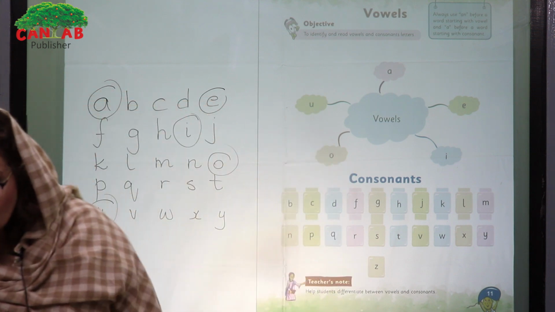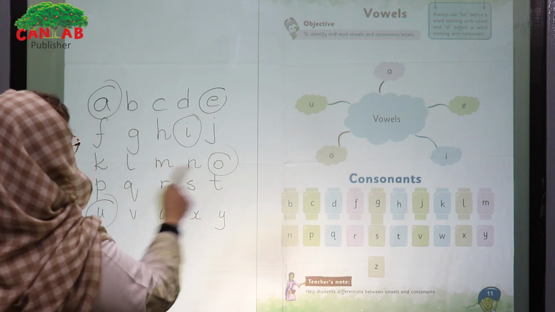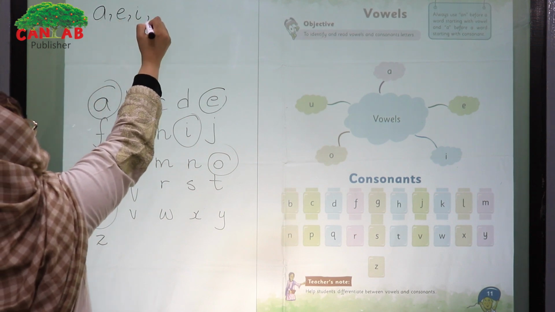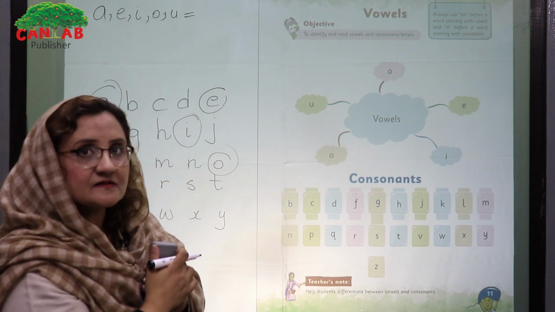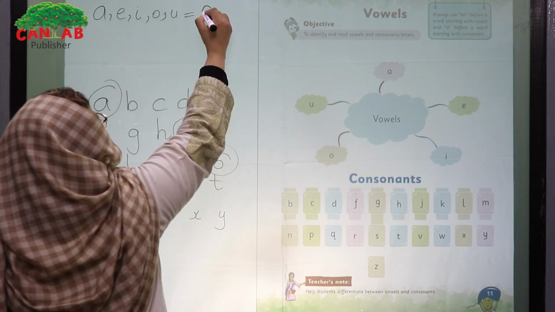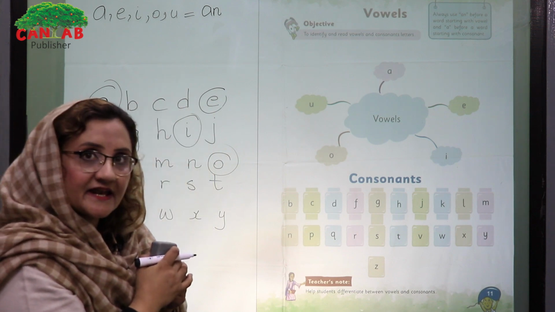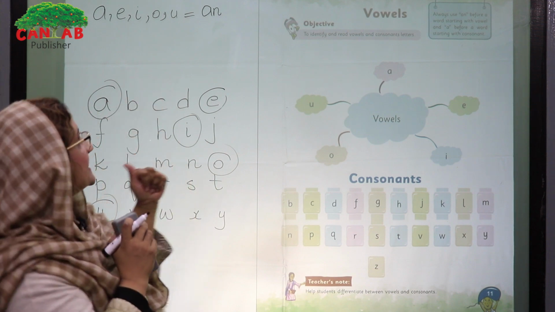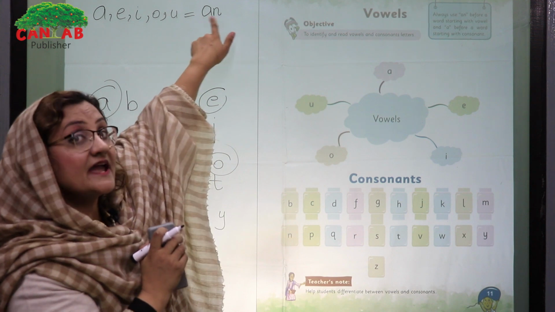After this, you can tell them that all of these vowels, A, E, I, O, and U are the friends of the word an. When they are single ones, then they begin with the word an.